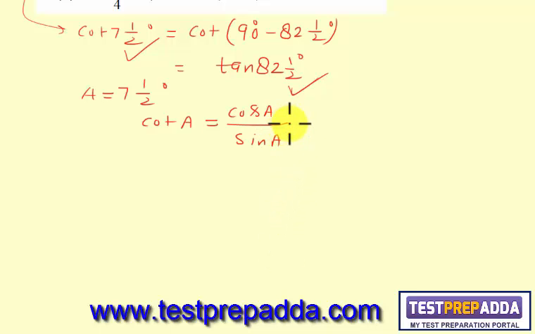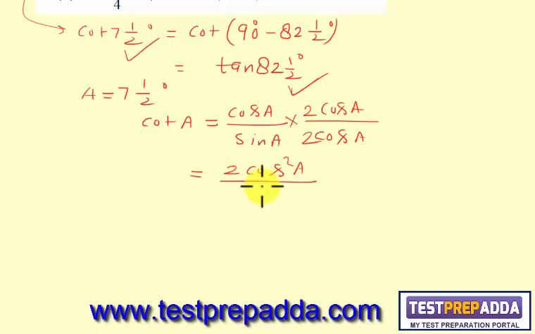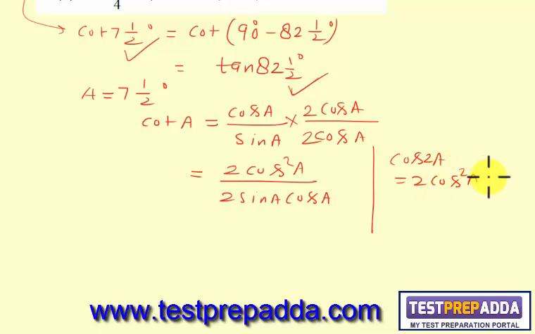If I multiply 2 cos A in the numerator and denominator, it will become 2 cos A upon 2 sin A cos A. Now if I rearrange, it will become 2 cos square A upon 2 sin A cos A. Now recall, we have proved cos 2A as 2 cos square A minus 1.